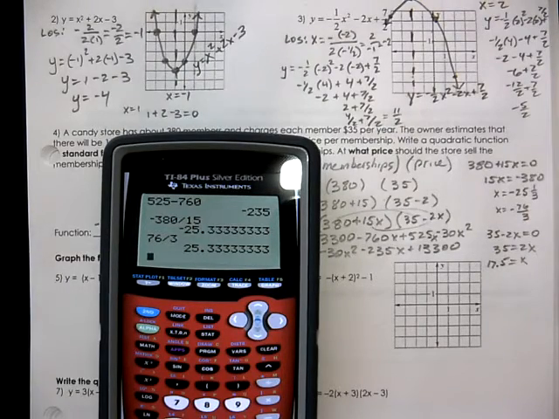So with those two values, what we're going to do is take the average of those two. So we're going to take our negative 76 divided by 3 and add that to our 17.5. Divide that by 2. So our line of symmetry is almost at 4.